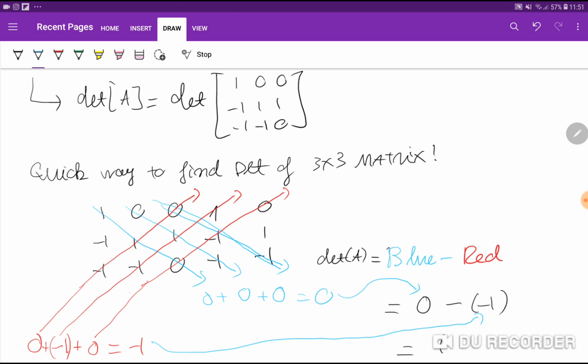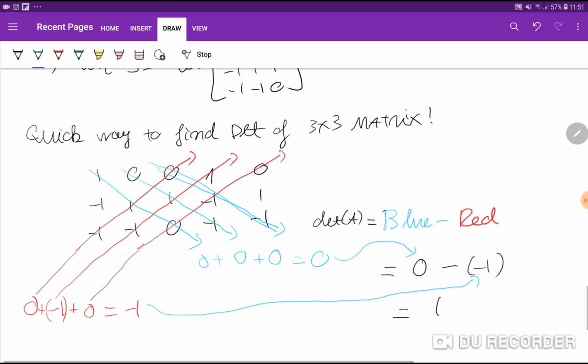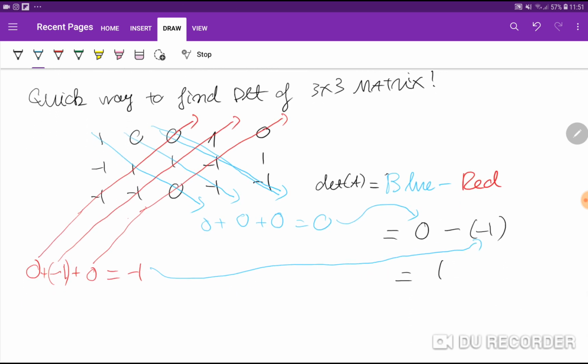Matrix A. Okay, it's actually 1. So you get a non-zero determinant.